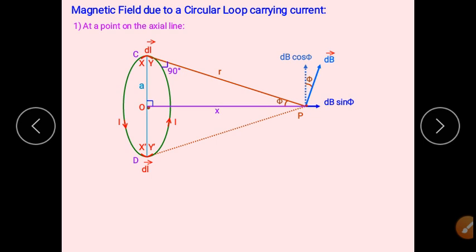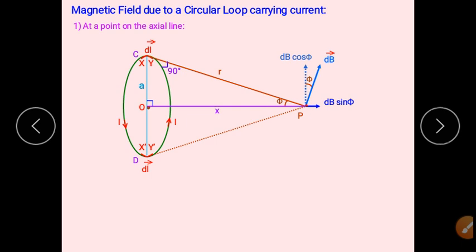And this x dash y dash will be at the same distance from the point P, that is R. Therefore, actually xy and x dash y dash both are identical. Only one difference is that the direction of dl are different for both these elements. They are in opposite directions.